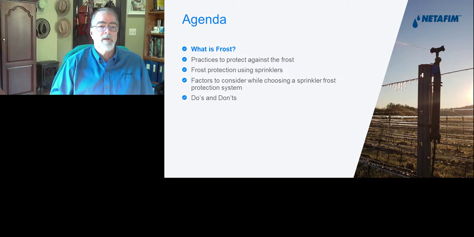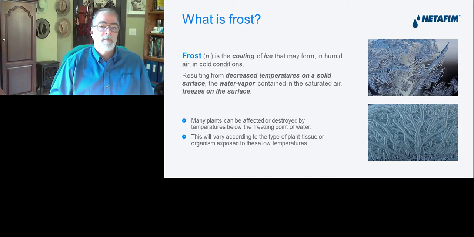So first of all, what is frost? It's a coating of ice that's going to form in humid air, cold conditions. This morning here in Tennessee, when I was recording this, we were at 28 degrees with 95% humidity, and we've got enough frost that you'd have to scrape your windows before you got in your vehicles to drive away. So that's typically when it's going to form.